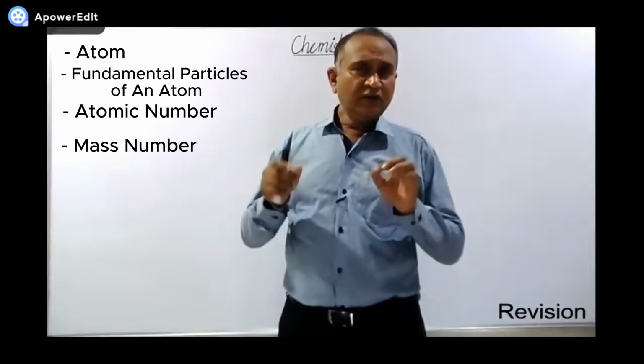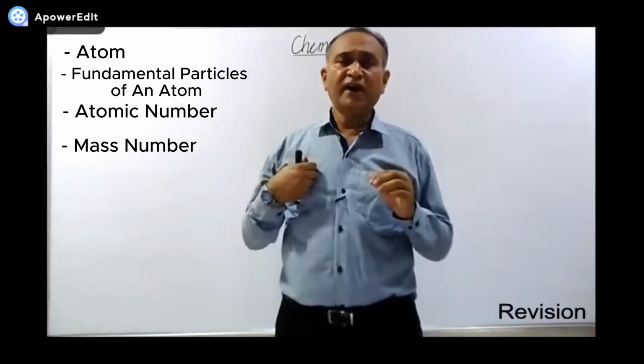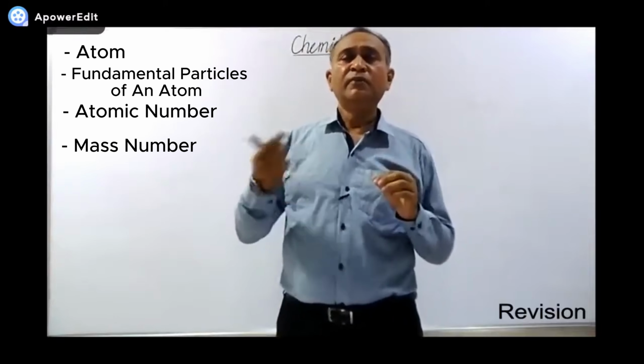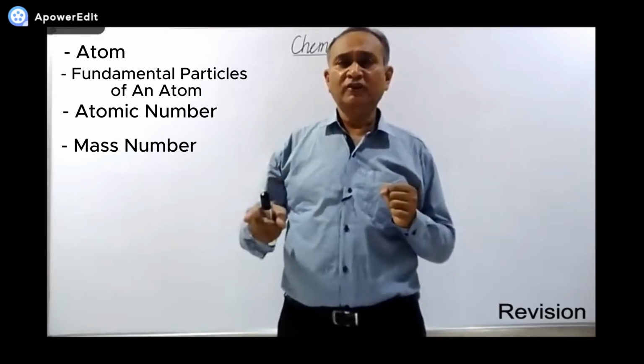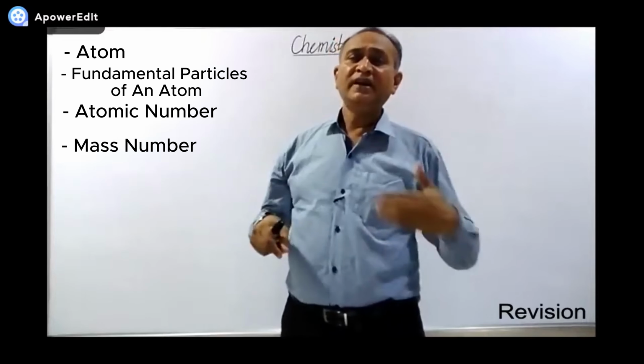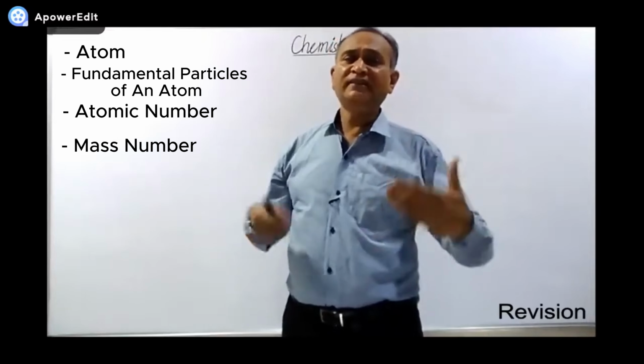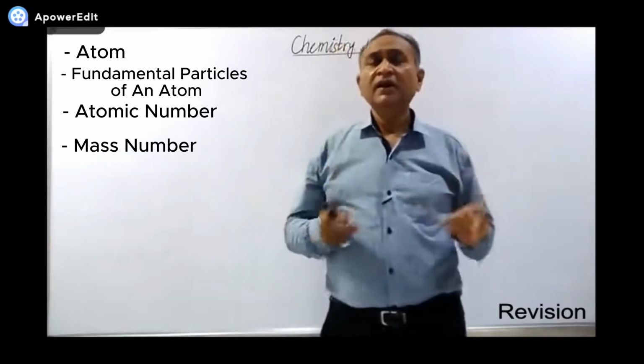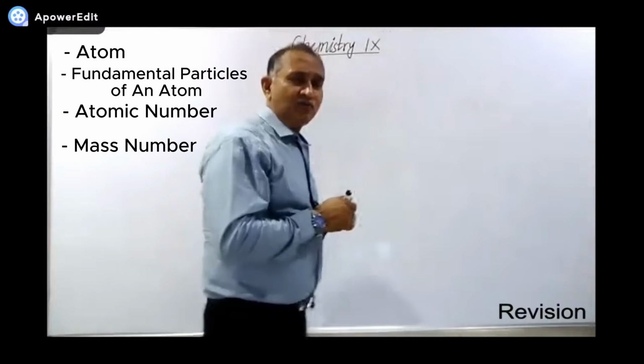Second, in the nucleus of an atom, we can find protons and neutrons. If you add protons and neutrons present in the nucleus of an atom, then this will be called its mass number, which is roughly called atomic mass. There is a little bit difference between atomic mass and mass number. You will study afterwards. So what am I trying to say?